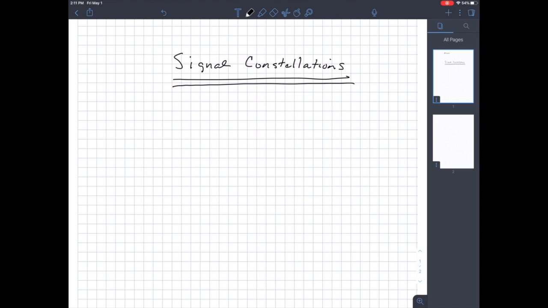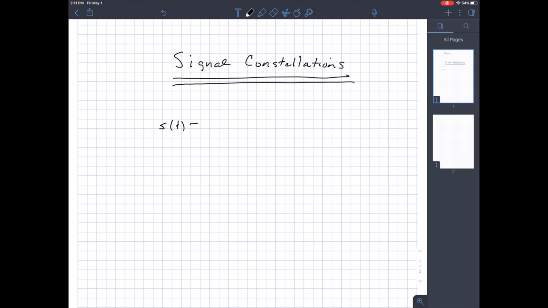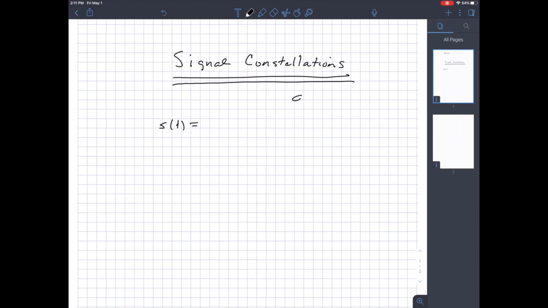And in general, what we do is we talk about if we want to send a signal, okay, so we could have a signal that's represented by what's often called basis functions, okay? So to make this easier for you to visualize, most of the time the basis functions are going to be cosine and sine.